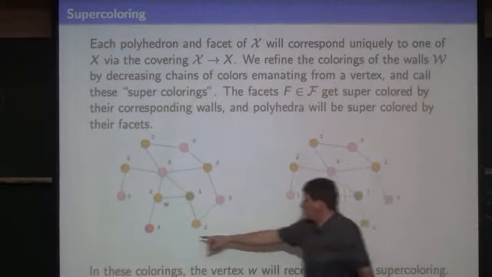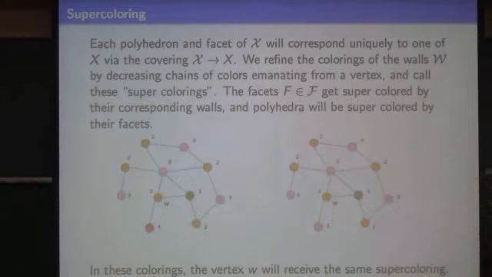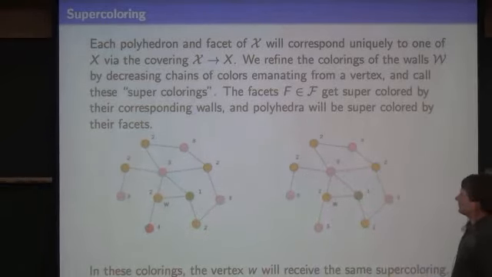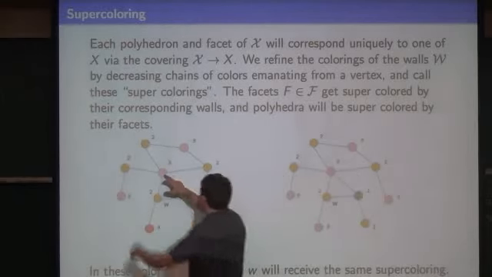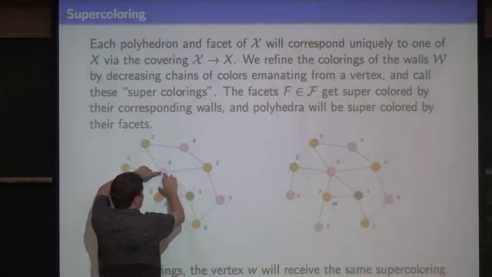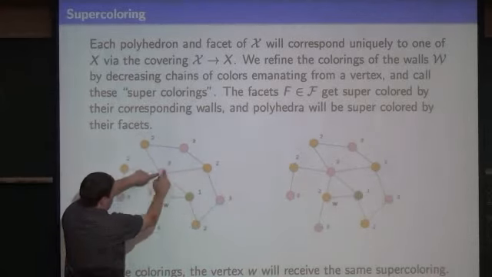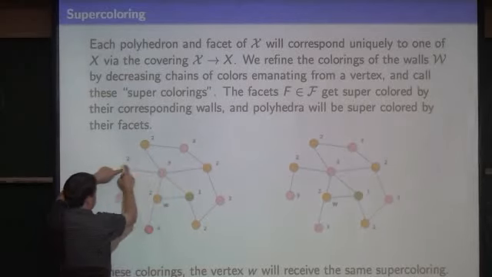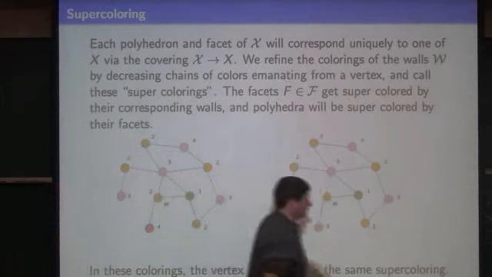It's 3 here and 4 over here. But those are larger colors, so they don't affect the supercoloring. And the 3 here and the 3 here will also be supercolored the same. Well, we haven't drawn enough of the graph, but anyways, all the adjacent guys are 2, and I have to go through all decreasing chains through here. So there might be some 1s over here that would have to be compatible on both sides.